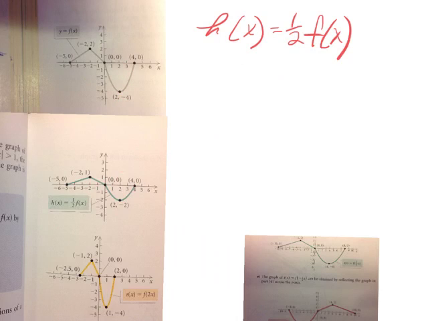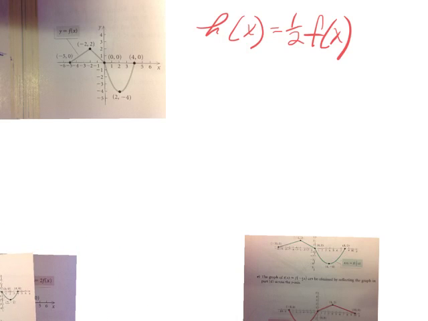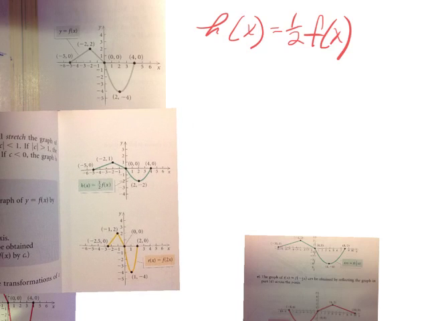Okay, so that's B. So let's get this one out of the way. Whoops, no, we need that one because we need the bottom graph for this next one here. So let's get rid of that and put in our C. So we have R of x equals f of 2x.